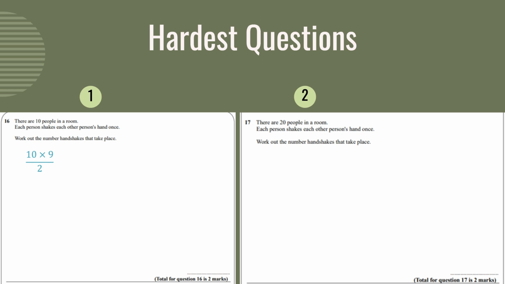So the total number of handshakes that take place is 45. In our second question, there are 20 people in a room, and each person shakes each other person's hand once. Work out the number of handshakes that take place here. So we do 20 times 19 and divide by 2, because it's identical to the question before. And we'd get a final answer of 190.